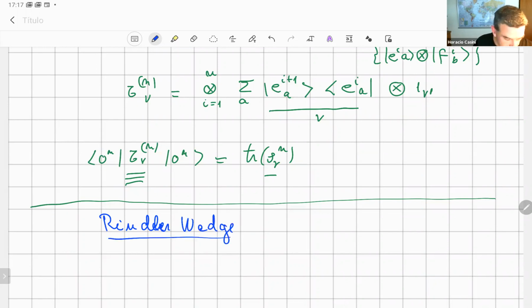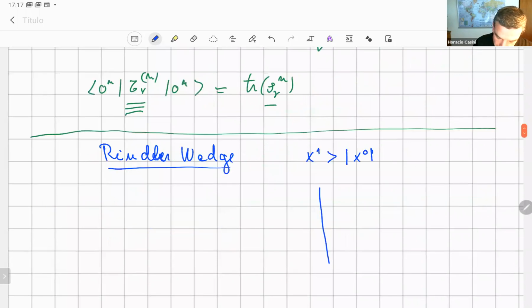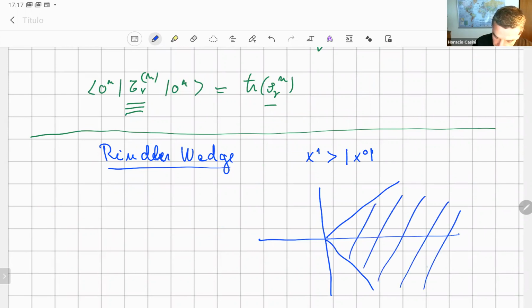This is just the region of Minkowski space given by x1 greater than the absolute value of x0. So we have this region, this wedge here, that corresponds at t equal to 0 to this half plane.